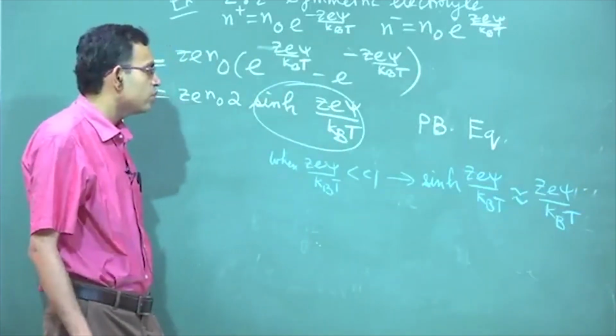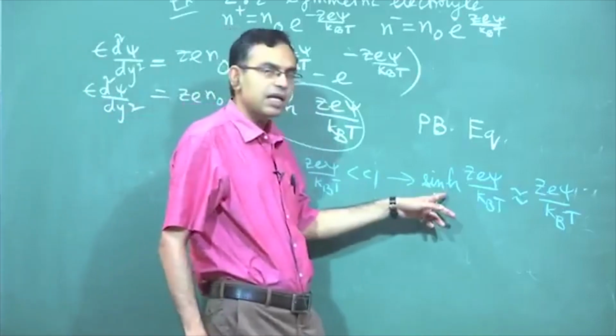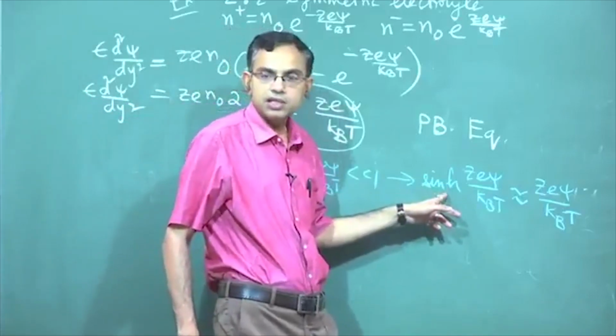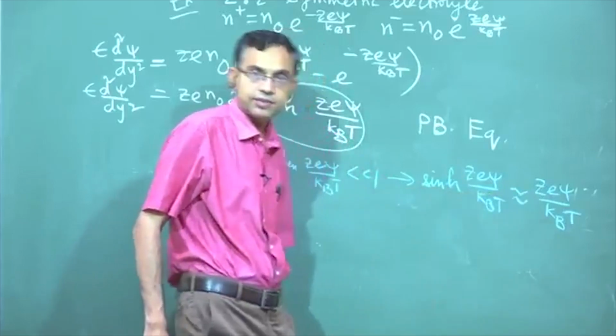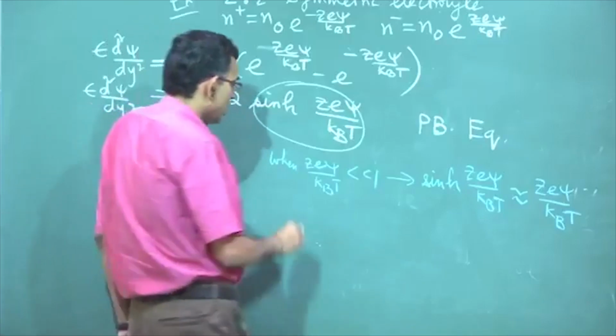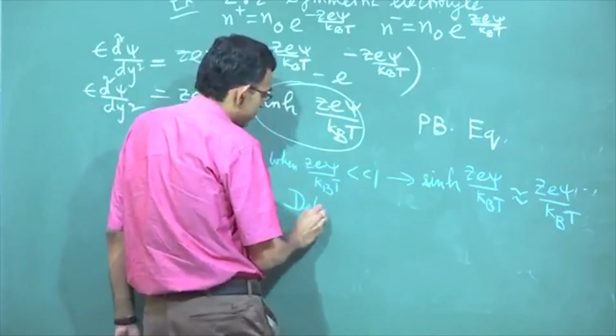This you can easily do by expanding sin h in terms of the exponential series and retaining only up to the linear term. So, this is known as Debye-Huckel linearization.